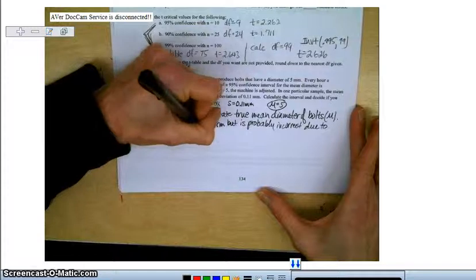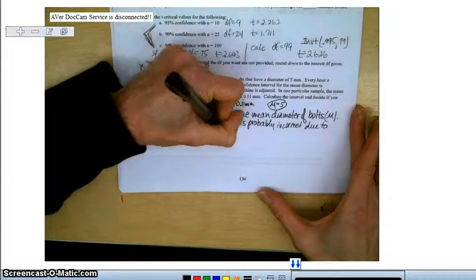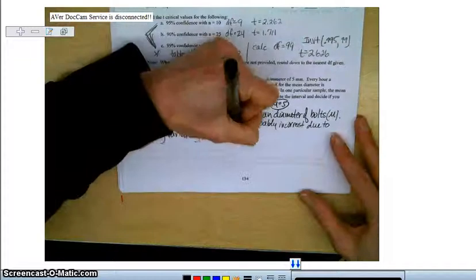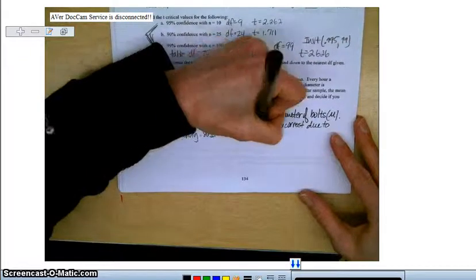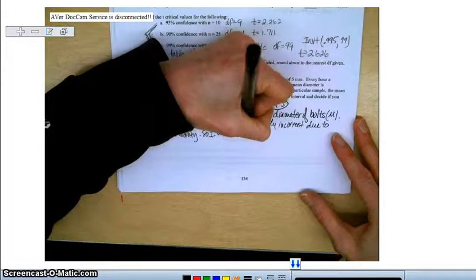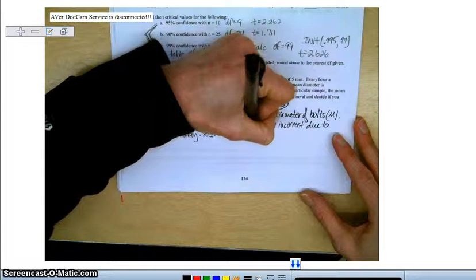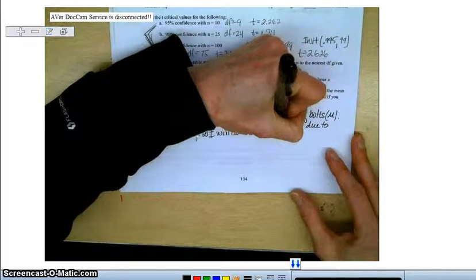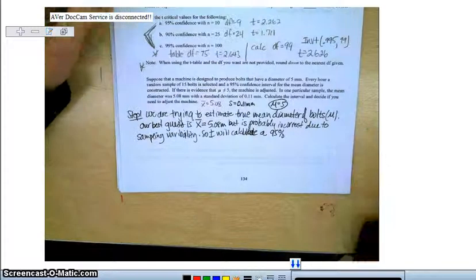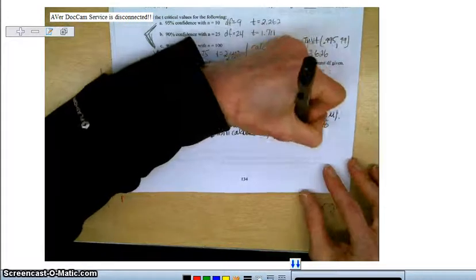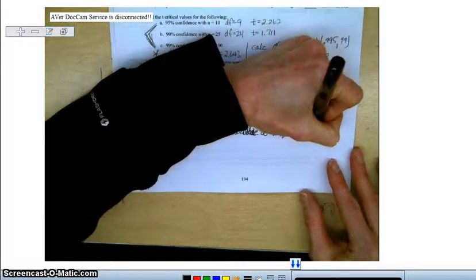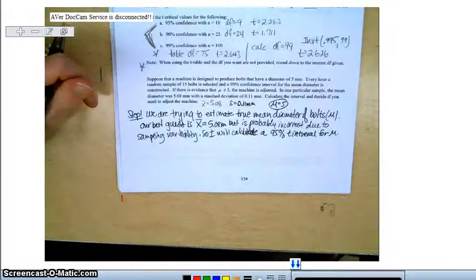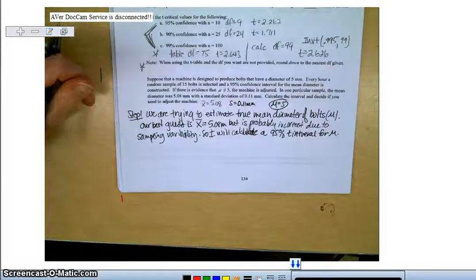So I will calculate a what? What percent? 95%. What type of interval? T interval, good. For what variable? Mu. Always use the true value when you describe the type of confidence interval.